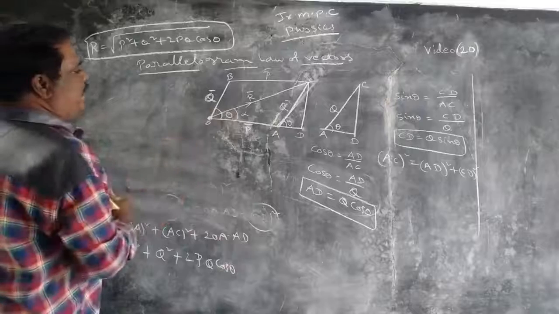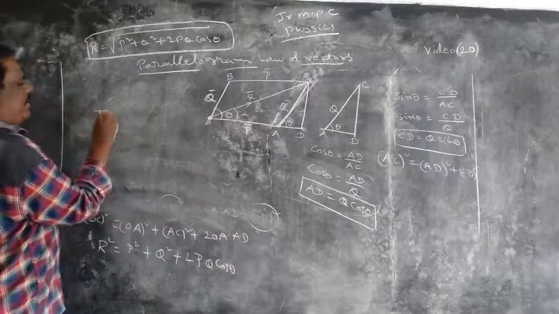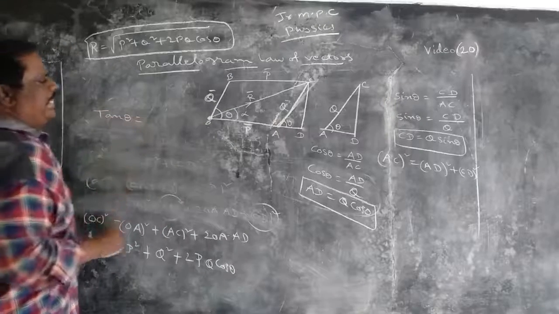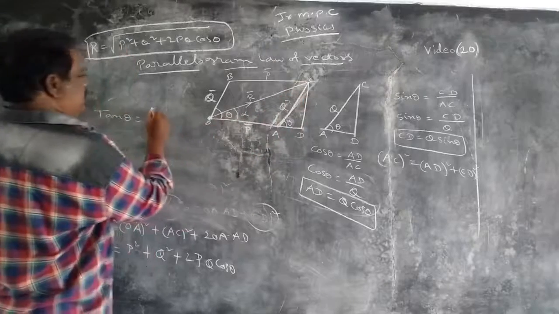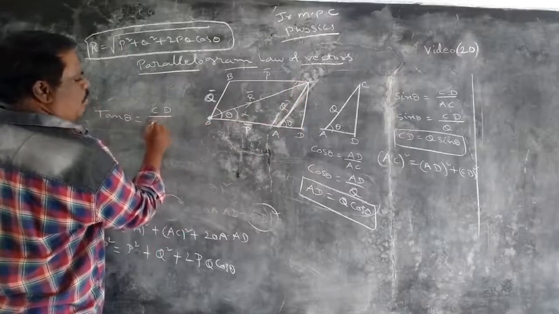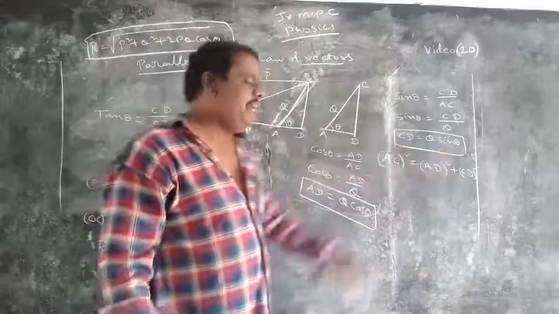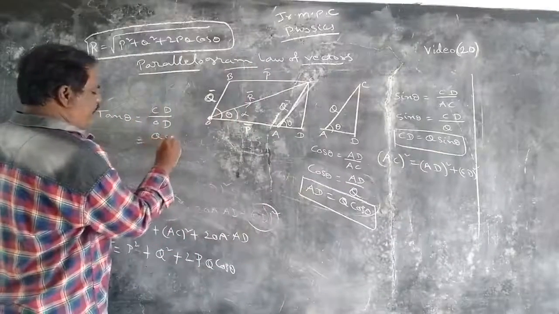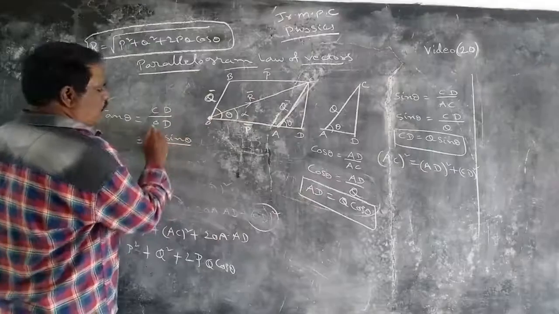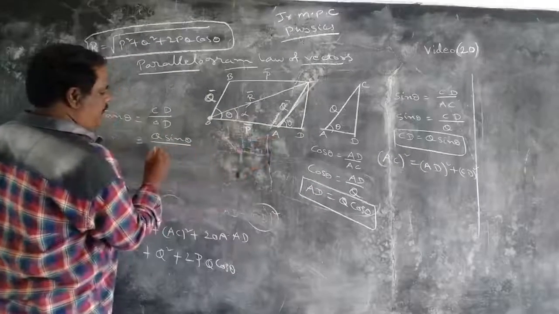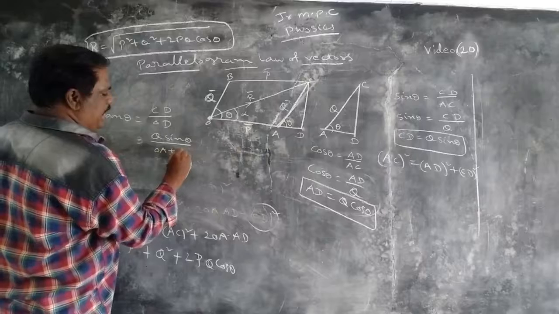So, consider tan theta for direction. Tan theta is equal to CD by OD. CD value we calculated here, it will be Q sin theta. OD is nothing but OA plus AD.